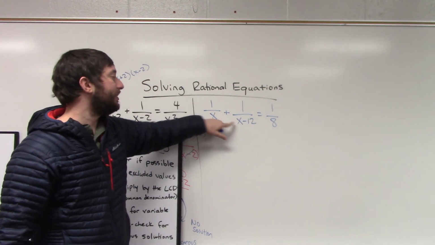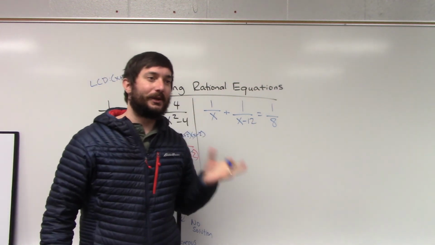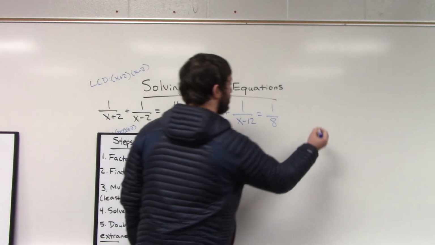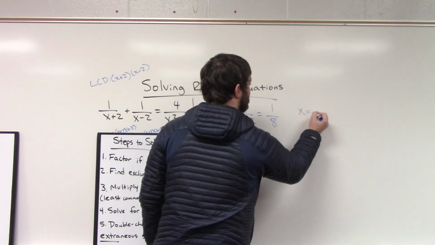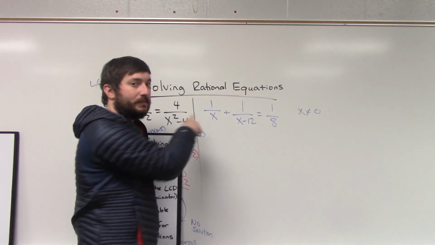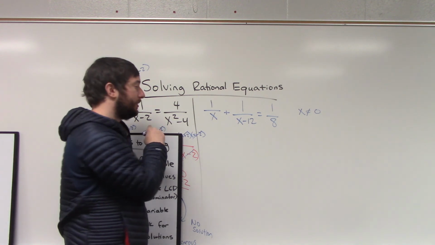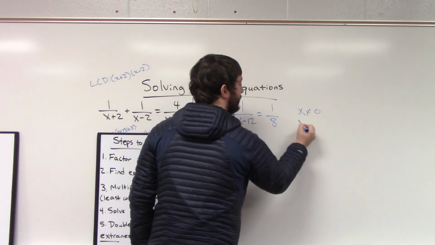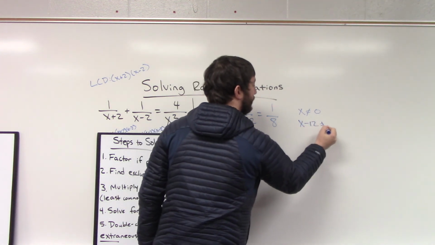In these cases, it could turn out that we divide by 0 if x is a certain number. We want to make sure that doesn't happen. In this case, we see that x itself cannot equal 0. Right? If I plug a 0 in there, that's a big problem. That's an excluded value. And in this case, we see x minus 12 cannot equal 0.